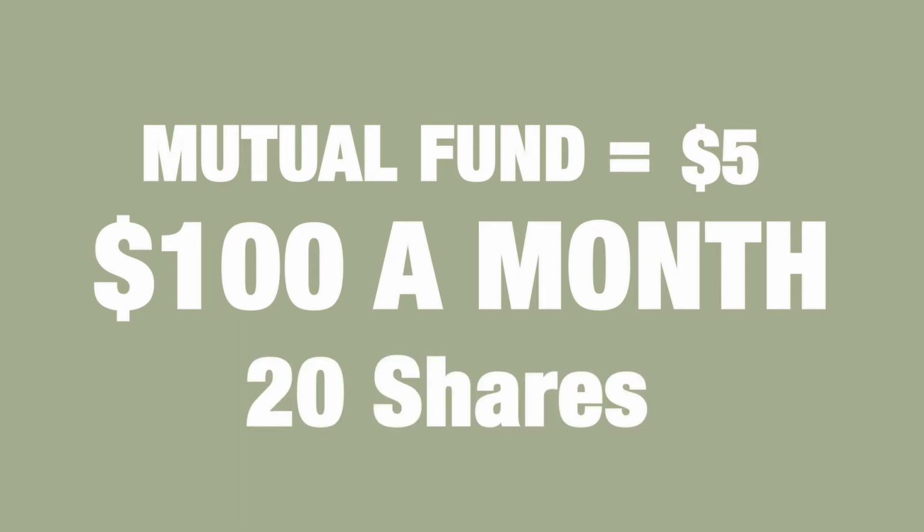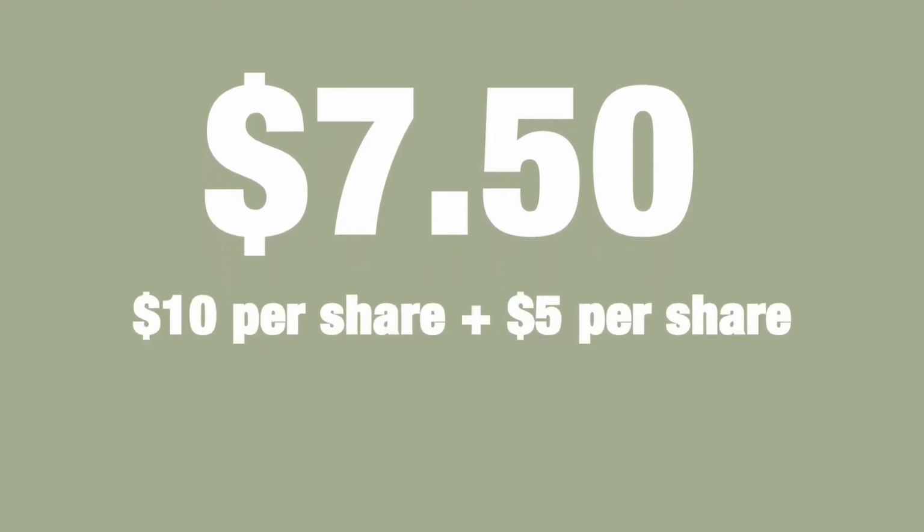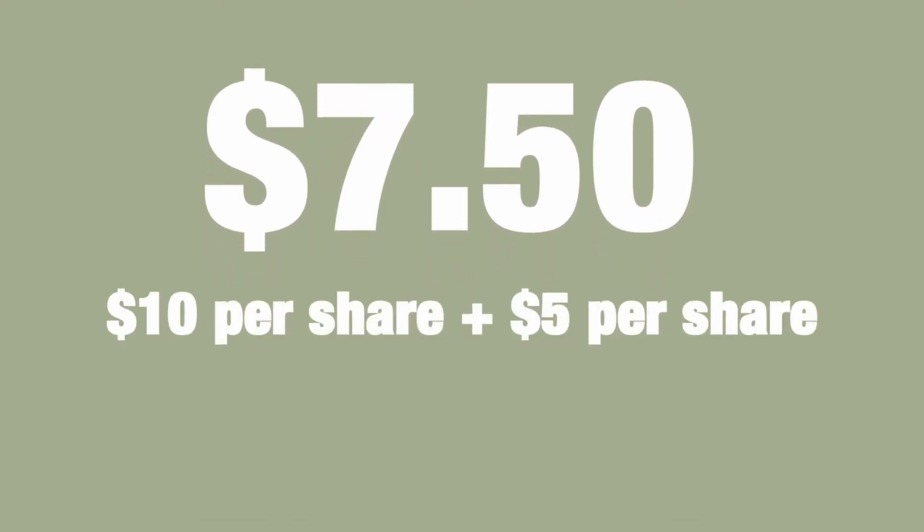The thing I want you to consider is, what is my average purchase price per share after 2 months? Well, if you just said $7.50, you're with 99% of the people watching this video, because you average $10 per share with $5 per share, and of course it's $7.50. But as you can see on the screen, that's not the answer.